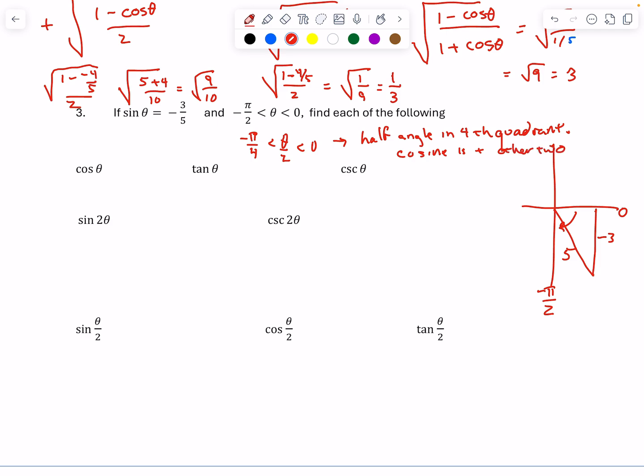I'm going to write it as cosine of theta over 2. Otherwise, you'll think it's cosine of theta. Okay, so when we get down there, positive, write it a little higher because it seems like we need a little more space.